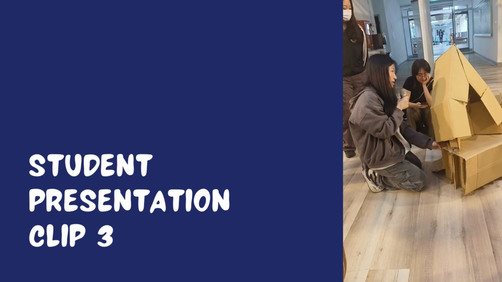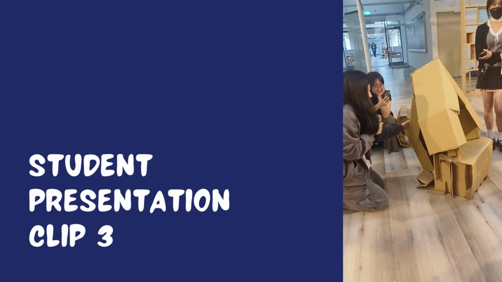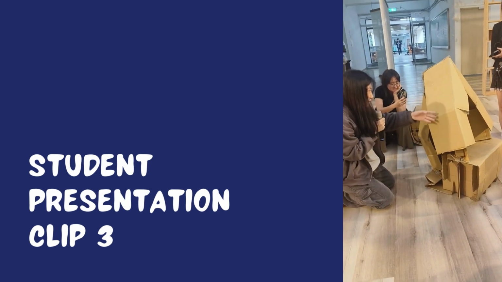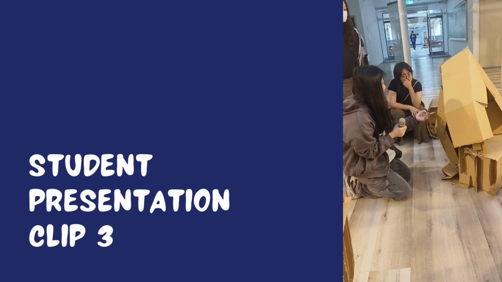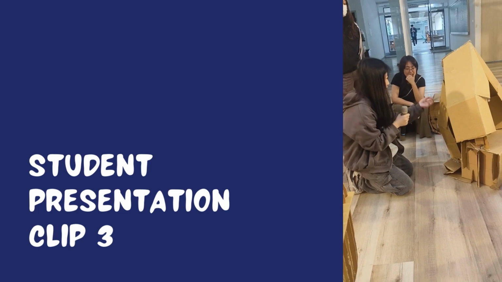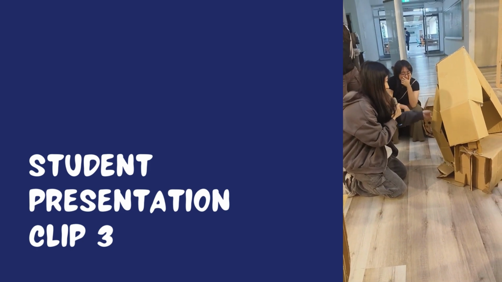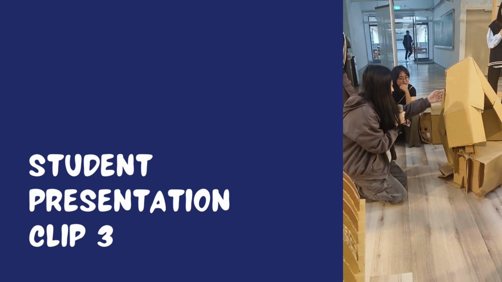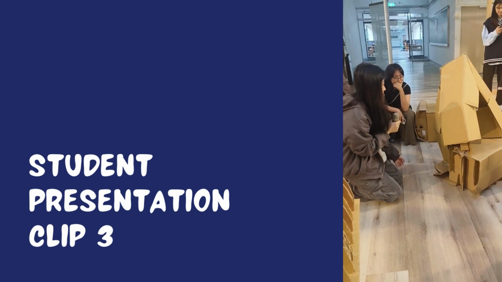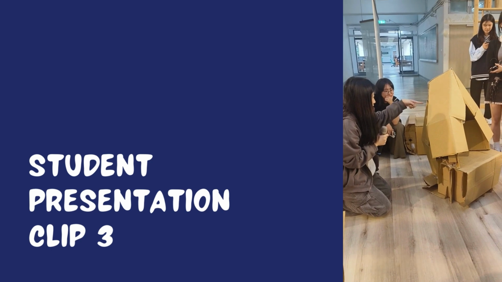Because I wasn't going to make this shape to support the back of the chair, it was an unexpected gain. So it can also support the back of the chair. That's good, so this is not useless.